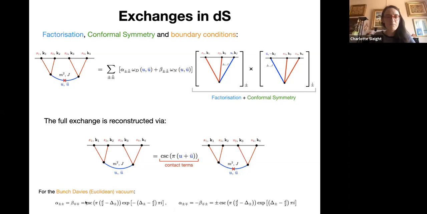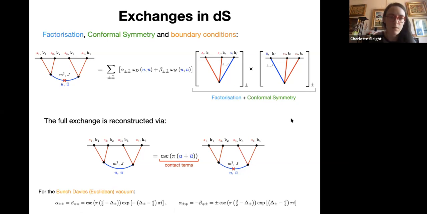So before moving on to explore what we can uncover from exchanges in the zeta using this framework, let's briefly pause to understand what we can already uncover from the steps that we've just taken.